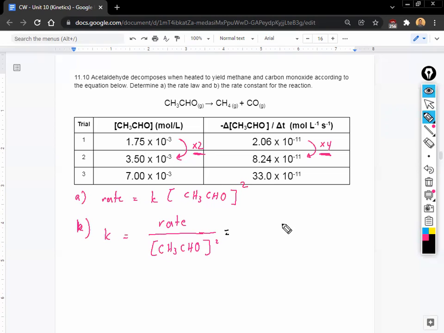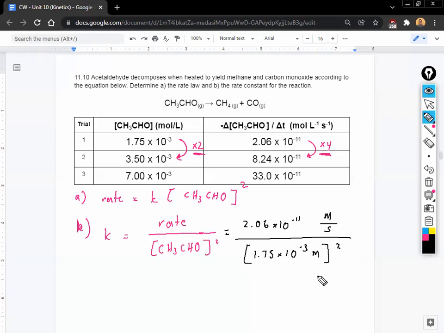I'm gonna pick the first one because it's the first one. We're gonna do 2.06 times 10 to the power of negative 11, and it's going to be molarity per second, divided by the concentration, which is going to be 1.75 times 10 to the negative 3, and that's going to be squared molarity.